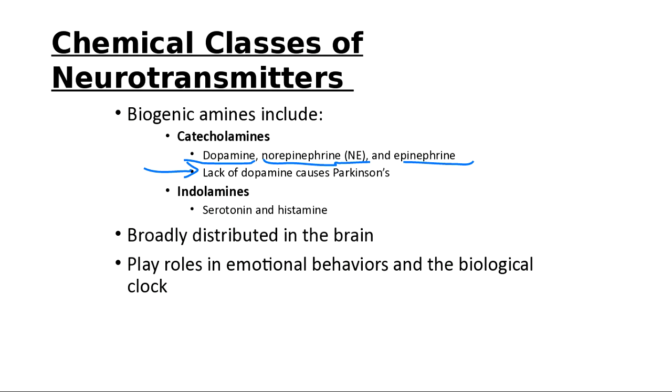And so that disease is treated with a drug called L-DOPA, because dopamine won't cross the blood-brain barrier, but L-DOPA does cross the blood-brain barrier, and therefore it makes more dopamine available to the Parkinson's patients.